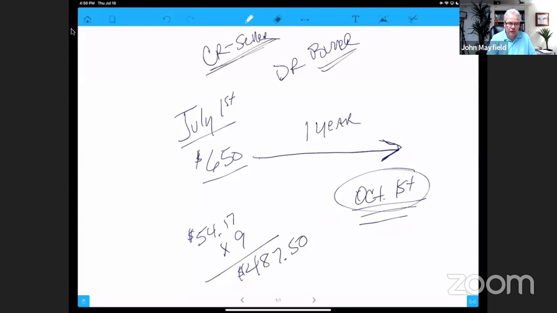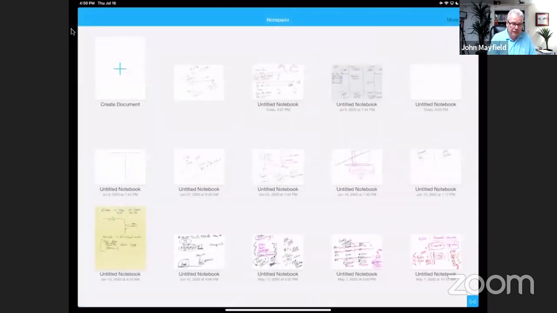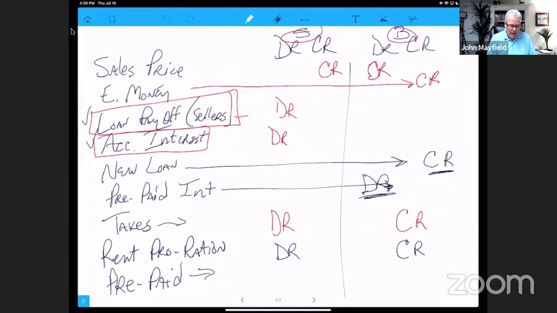But you as a seller, even though you paid $650 on July 1st, you really were only there July, August, September, 3 months. So you need to pay for your 3 months, but you really need to get credit for the 9 months that you're not going to own that property. So those are the other items. Those are the things you're going to have to prorate and calculate.